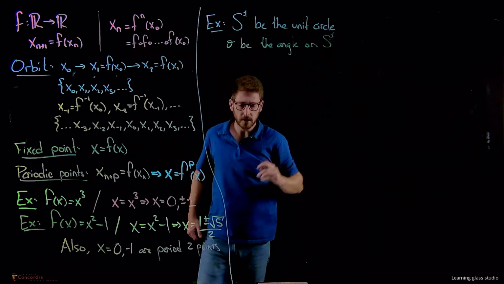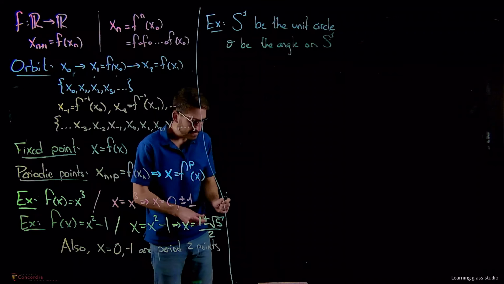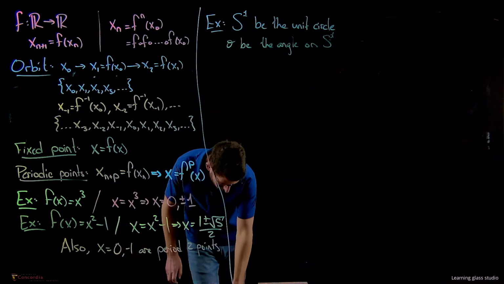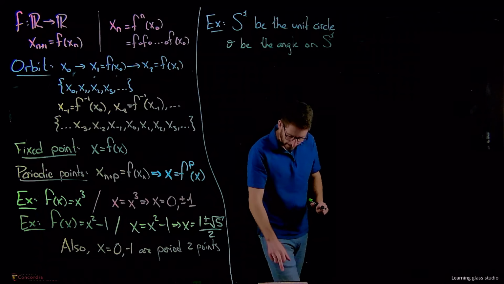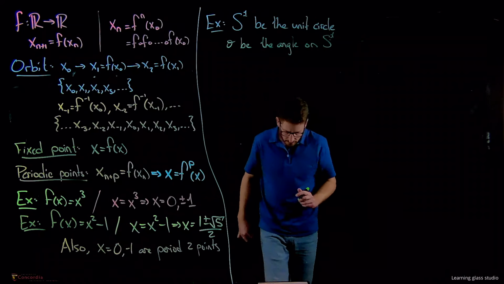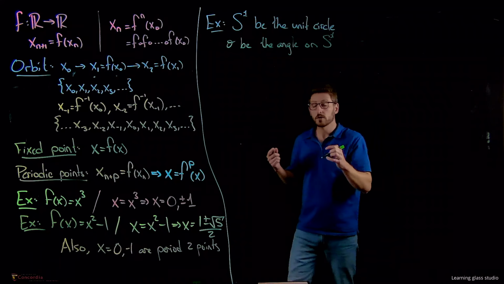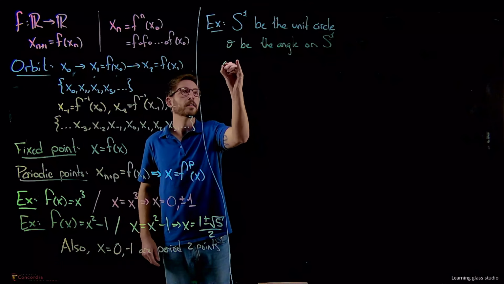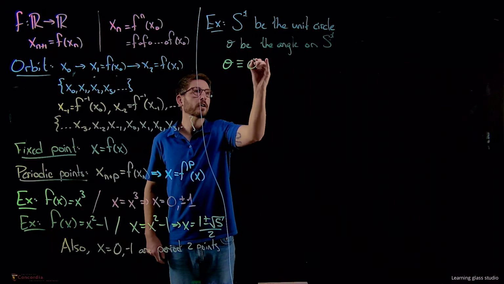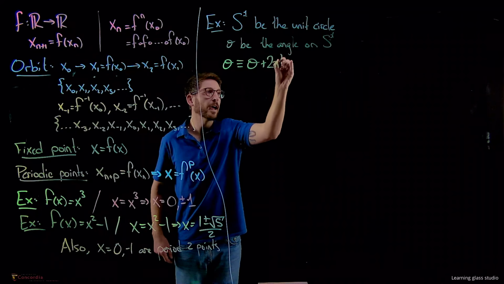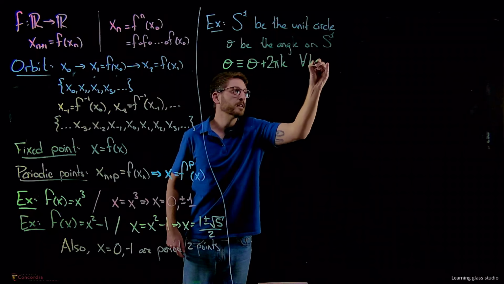So we can parameterize this entire manifold just by the angle that you're at along it. And it has a periodicity, so we're going to set theta congruent to theta plus 2 pi k for all k in Z.